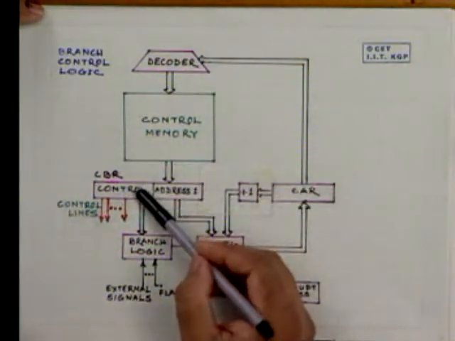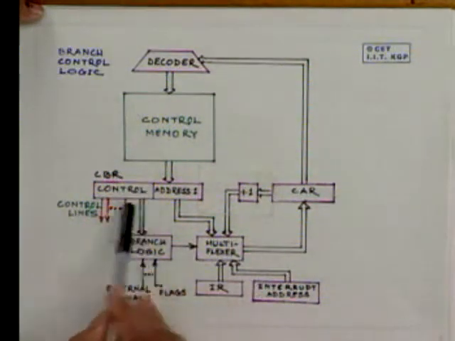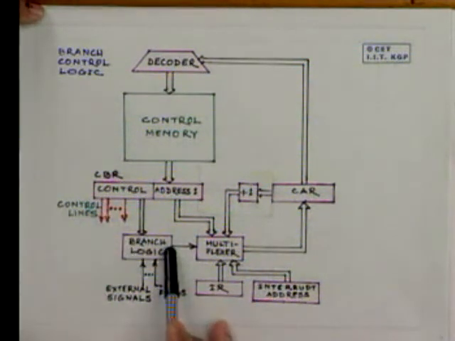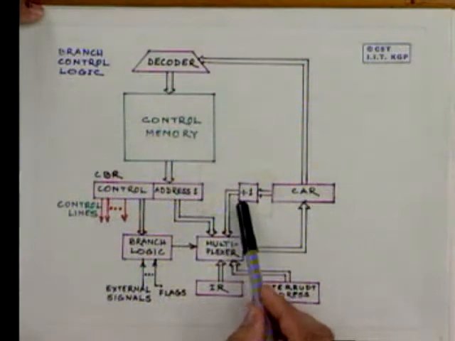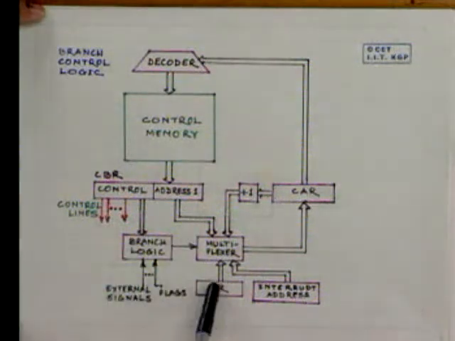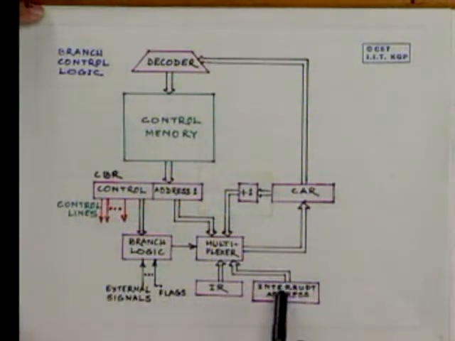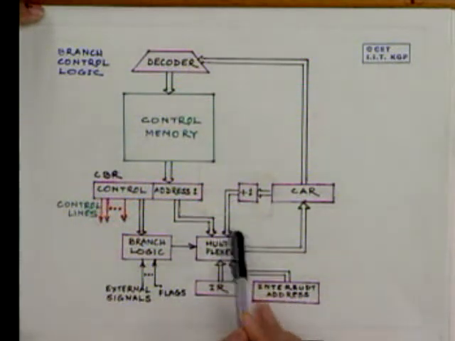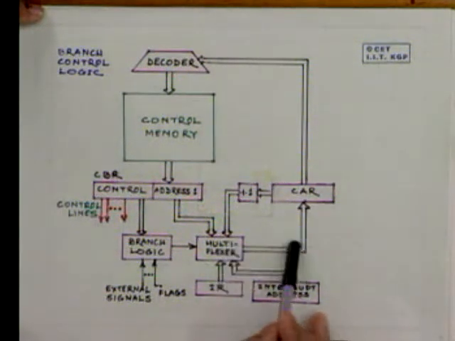Input from the control buffer register, that portion which controls the branching, also comes over to here, and that decides out of these 4 possible ways: this address that comes from the control memory, that decided by the instruction register itself, that comes from the interrupt handler address, I should say, the program that handles the interrupt, and the control address register incremented input. Any of these is now channeled through this multiplexer into the control address register.